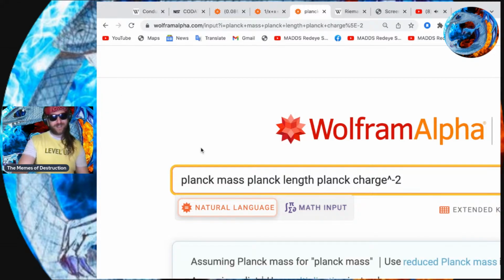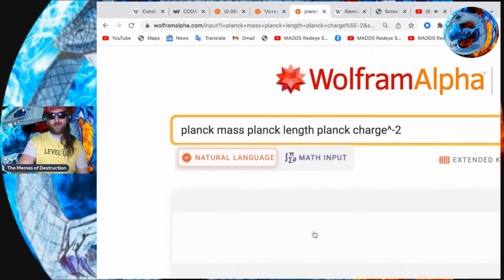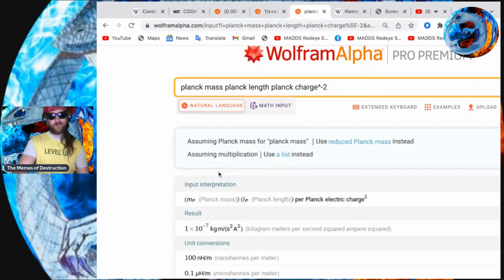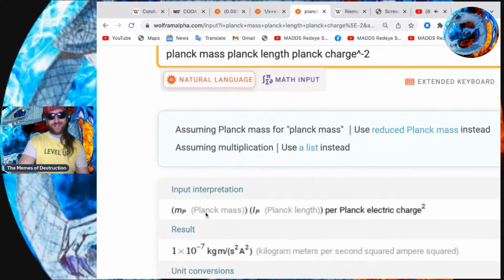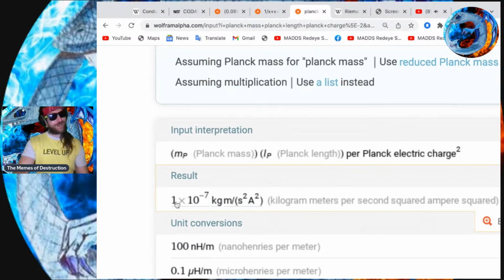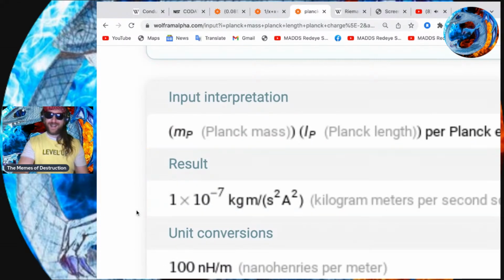Okay. The interesting thing that, and we need to do multiplication because it's going to give us a list. Okay. We see Planck mass, Planck length per Planck electric charge squared. Happens to come out to a number that's 10 to the -7.